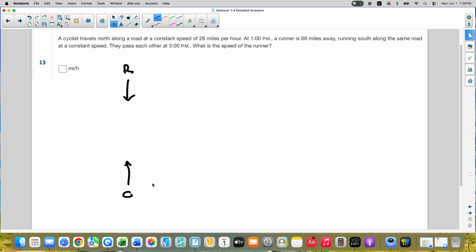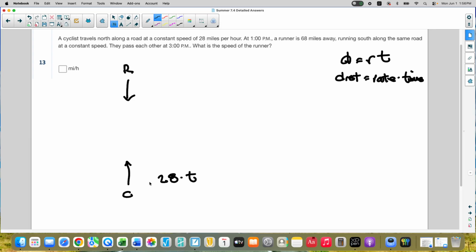So for this cyclist, we have the formula: distance equals rate times time. Distance equals rate of speed times time. We know the rate of speed for this cyclist is 28 miles per hour times the time.